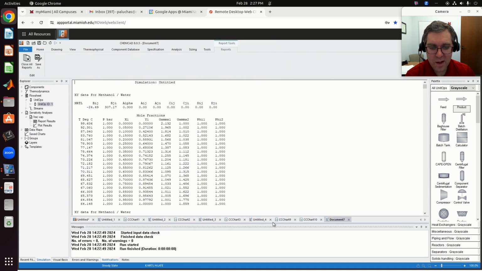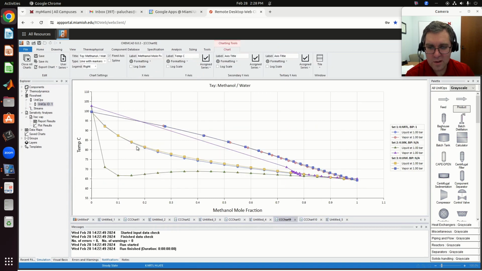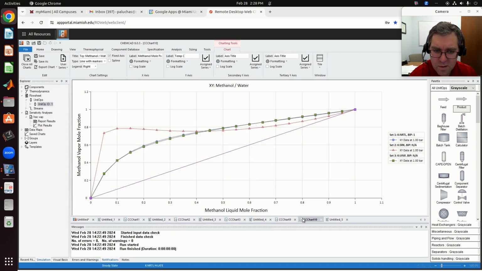Okay, so now when I plot them, I'm going to get plots in which I compare all the results. So this is a TXY. Okay, cool. And so NRTL is what was recommended, and NRTL is the blue. It says it's the blue and the red, but am I missing something?